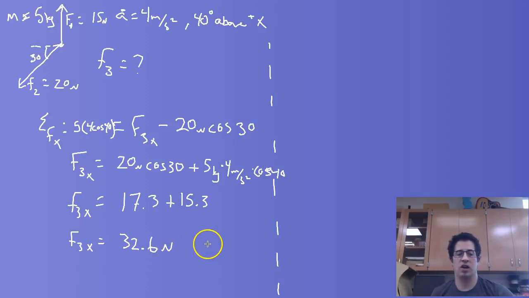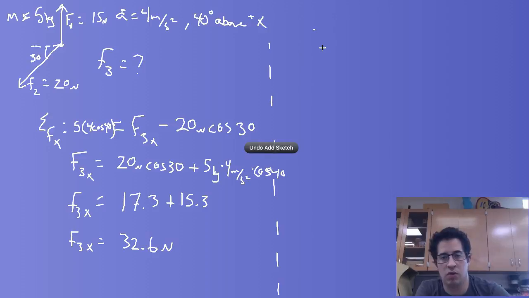Now we want to find the y component. To find the y component, we're going to do a net force equation for y. So the sum of the forces in the y direction. What are we going to put on this right side? 5 kilograms times what?